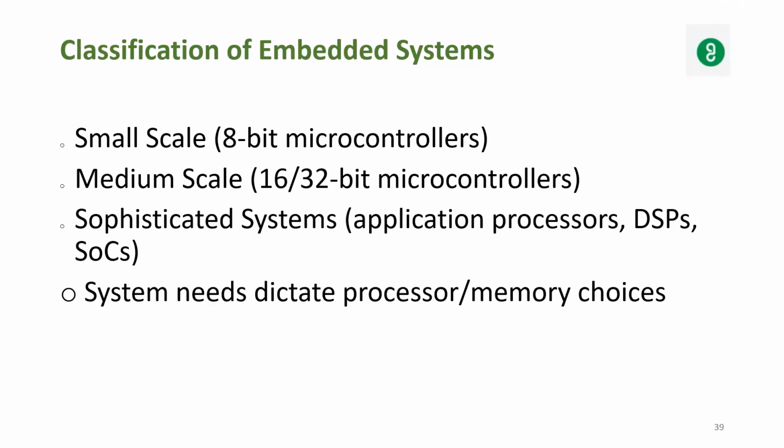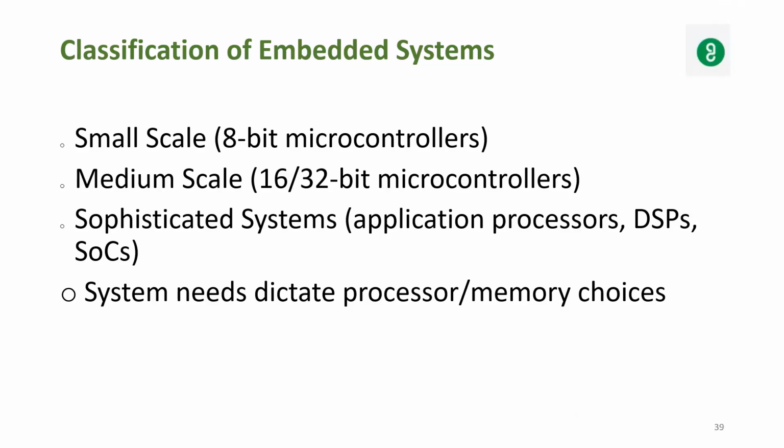For medium scale, you can go for a 32 or 16-bit microcontroller. For sophisticated systems, that is application processors, DSP, system on chip. In that case the cost will be high, but it also maintains the timing.